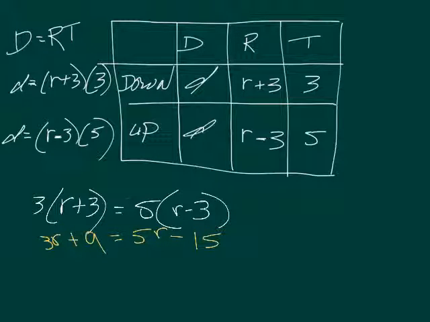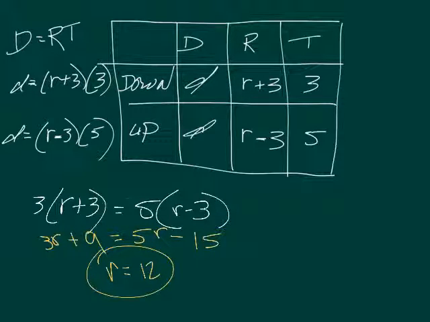And I do the math and I find out that R equals 12. So that's how fast he went in still water. There wasn't anything else we had to do. There weren't several variables there to solve. It was just solving for one variable.